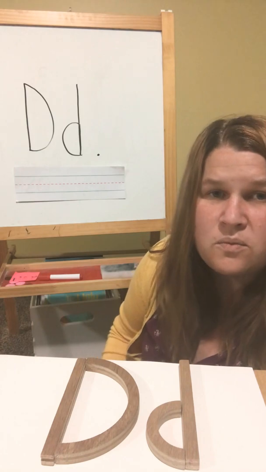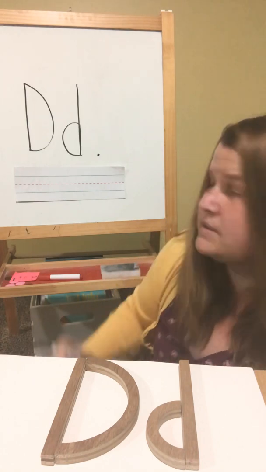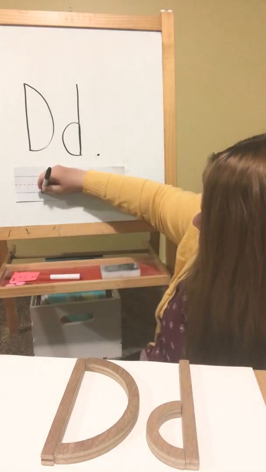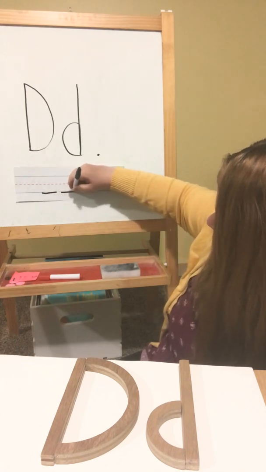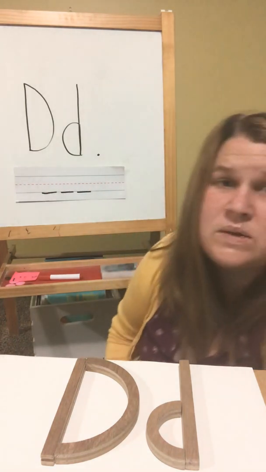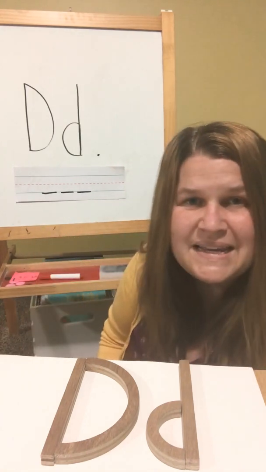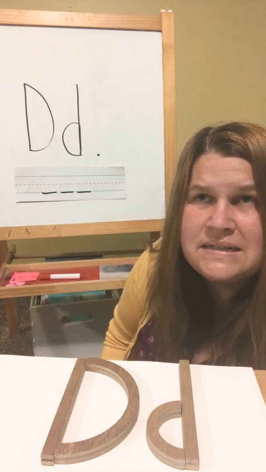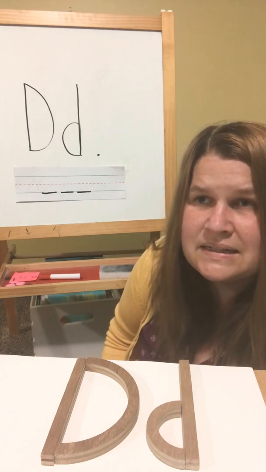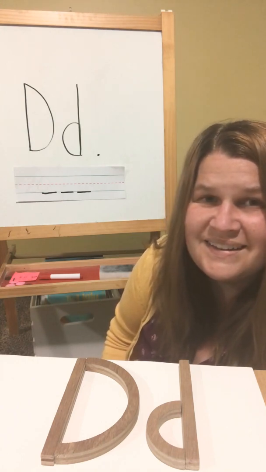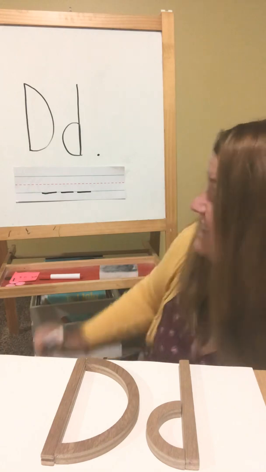All right, so let's listen for the first sound. So I'm going to write, dot has 3 letters and 3 sounds. Okay, so we're going to listen for this first sound. So when I say dot, what do you hear? Dot, d, d, dot. It's a D, it's our letter of the day.